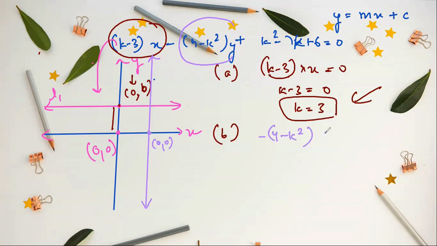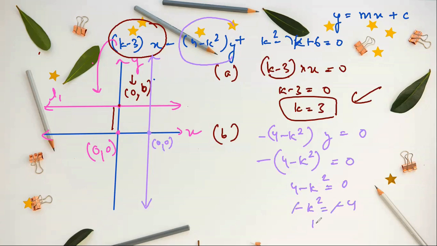So 4 minus k square is equal to 0. So k square is equal to 4, and the square root of 4 is plus minus 2, because the square of 2 is 4 and the square of minus 2 is also 4. So you have two values of k, which is plus minus 2.